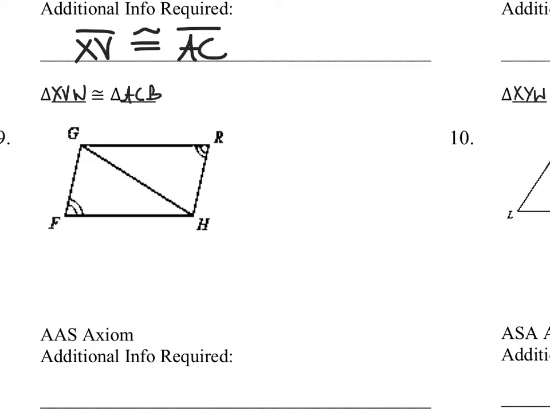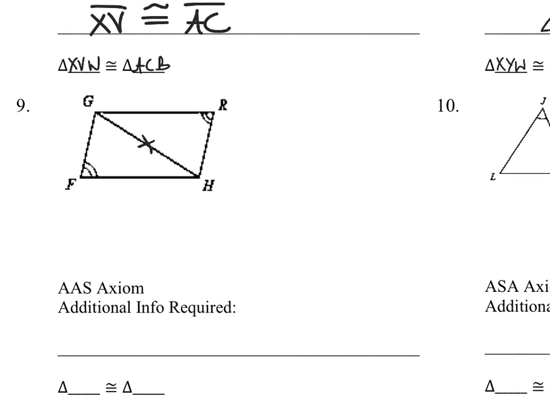Like, for example, and we don't have to actually justify them yet, that's what the proofs are for, we could state that GH is congruent to GH. That would be by the reflexive property, but again, it's not something that we need to state.